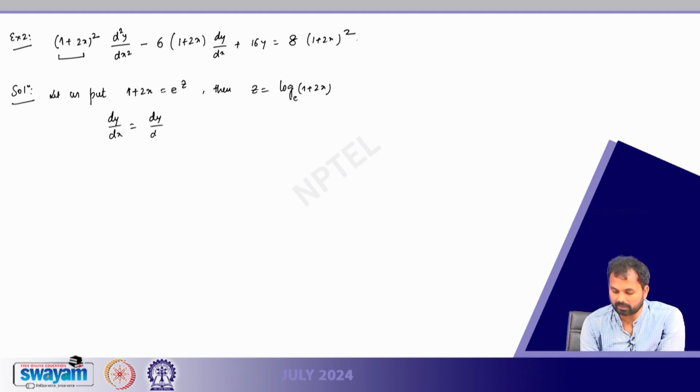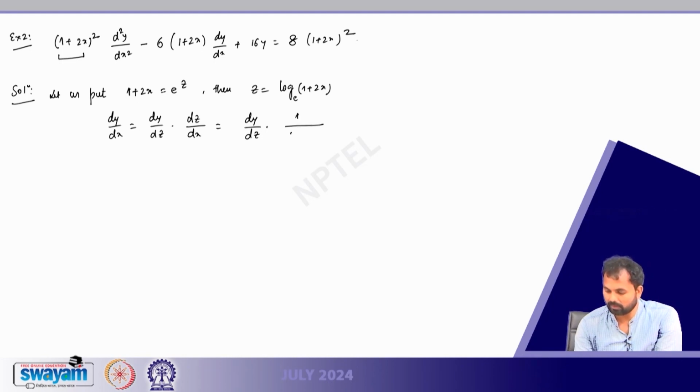So dy/dz into dz/dx. So dz/dx will be 1 by (1 plus 2x) into 2.